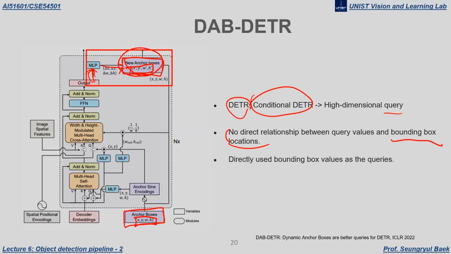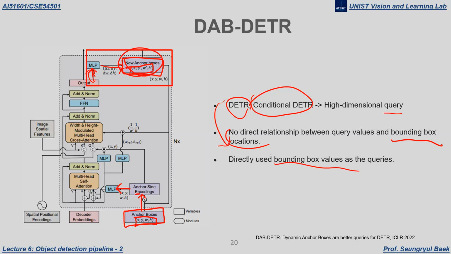Using these anchor boxes, they can encode the positional encoding. This is a simpler way to generate the spatial query, because the queries now hold the bounding box values directly.